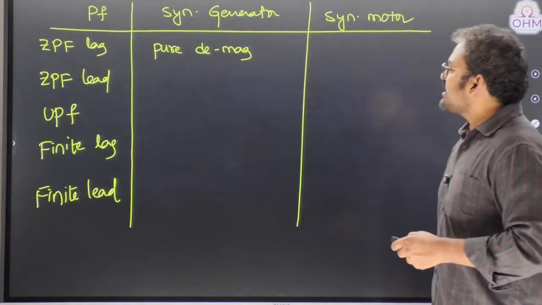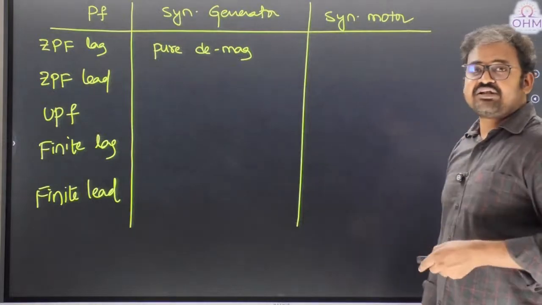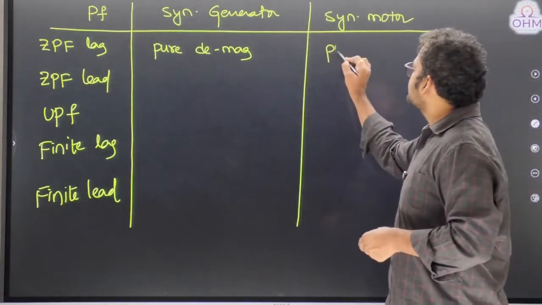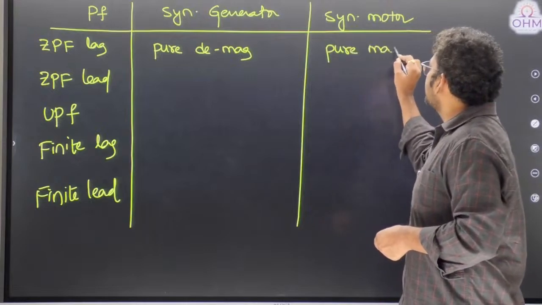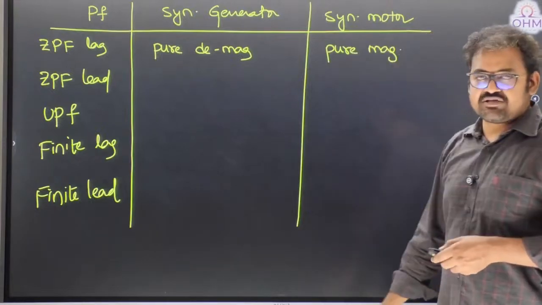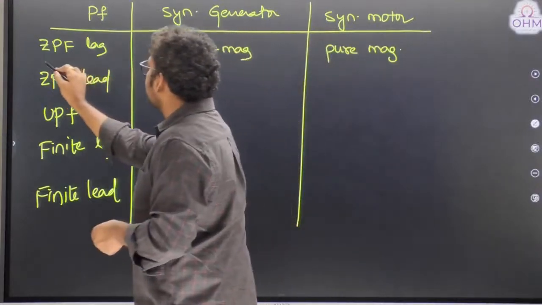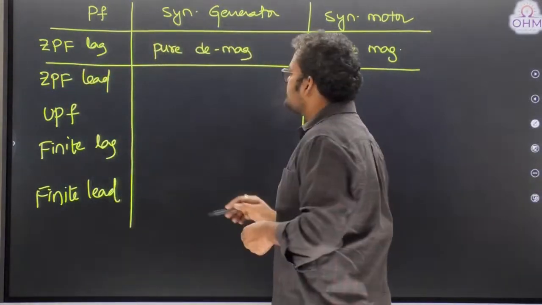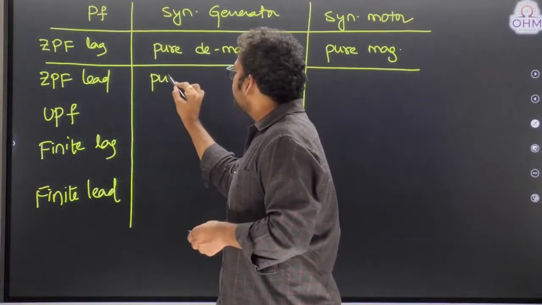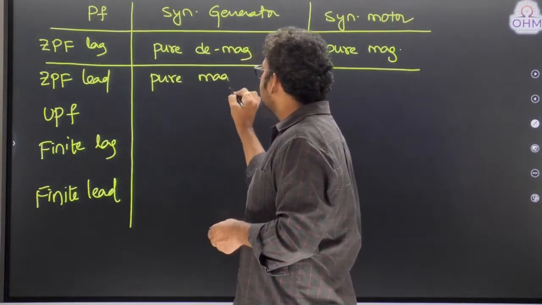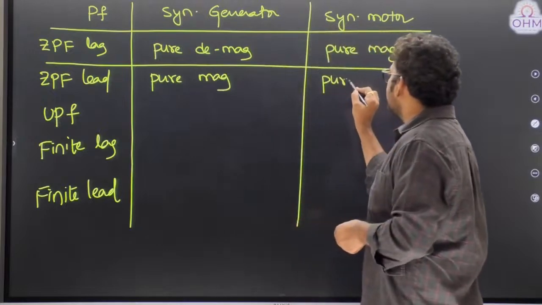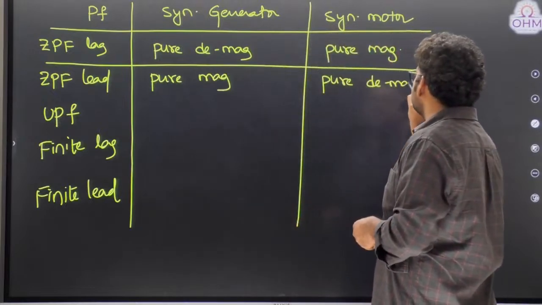If it is pure demagnetization in a generator, what is the effect in a motor? Pure magnetization. Therefore, the motor effect will be pure magnetization. Now, if you apply the same concept to zero power factor leading, in a generator it will become pure magnetization. In a motor, it will become pure demagnetization.